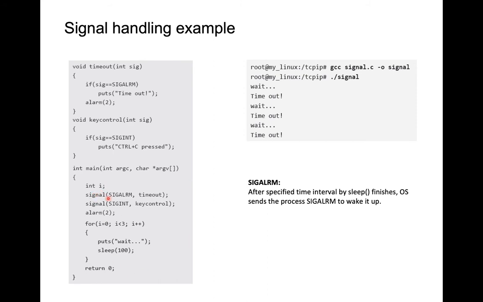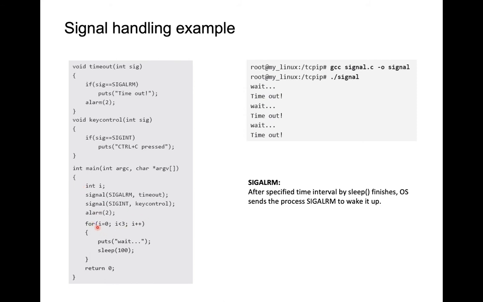Firstly, we set the SIGALRM. After the specified time interval, the operating system sends the process SIGALRM to wake it up. So regardless of the sleep, this alarm will keep interrupting and keep waking the process.